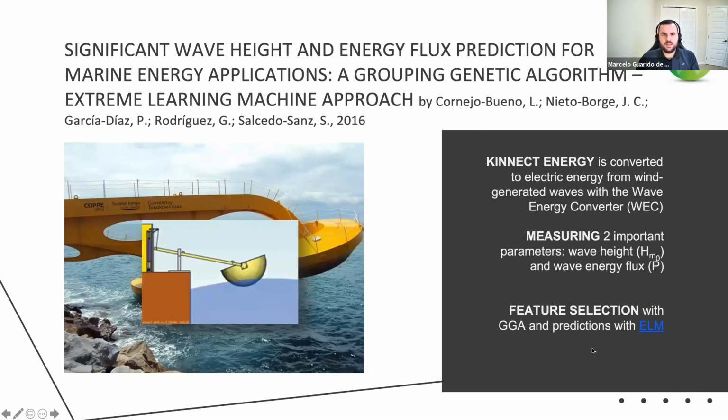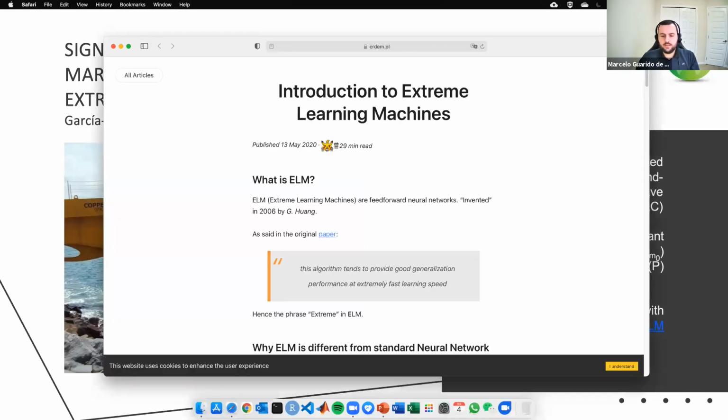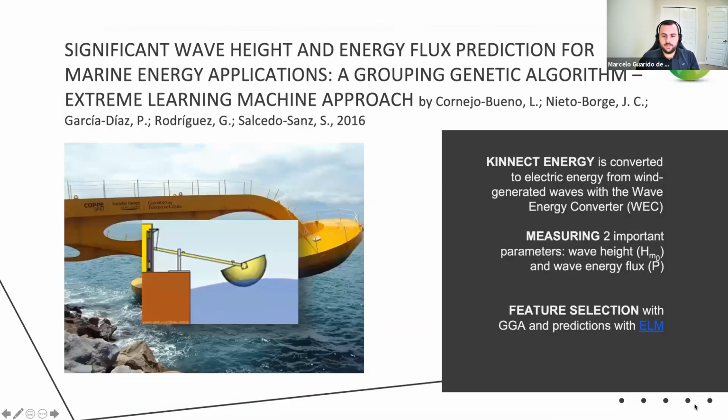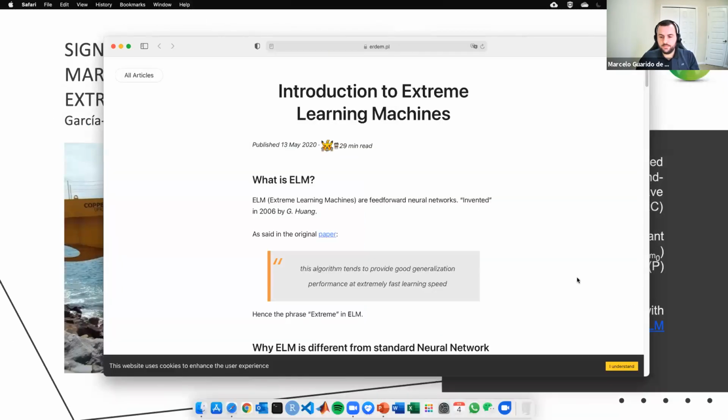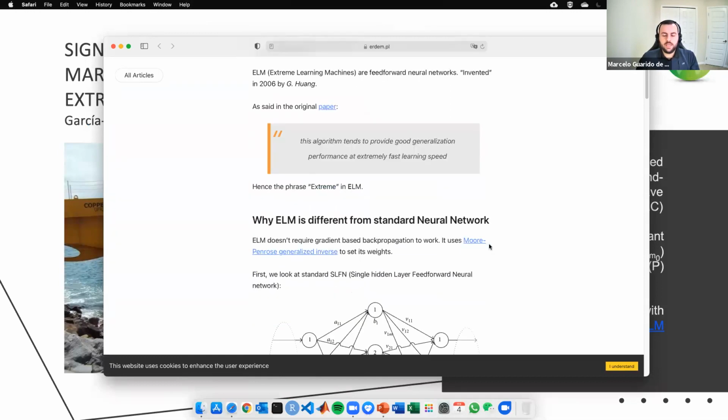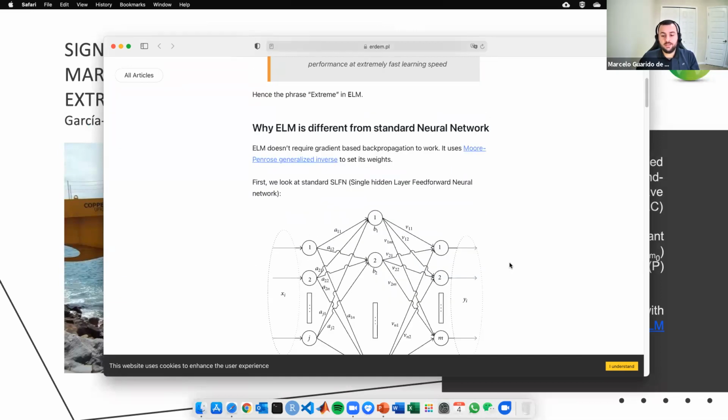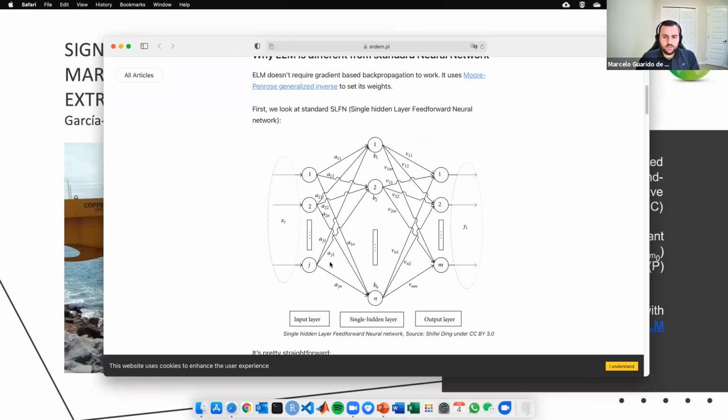This extreme learning machine is a type of neural network, but instead of doing backpropagation to calculate the weights, if you click in here, they actually use this Moore-Penrose generalized inverse, which is basically a kind of least squares, to calculate the weights. So it's a different way to calculate the weights of a neural network. If you want, you can come here and learn more about it.